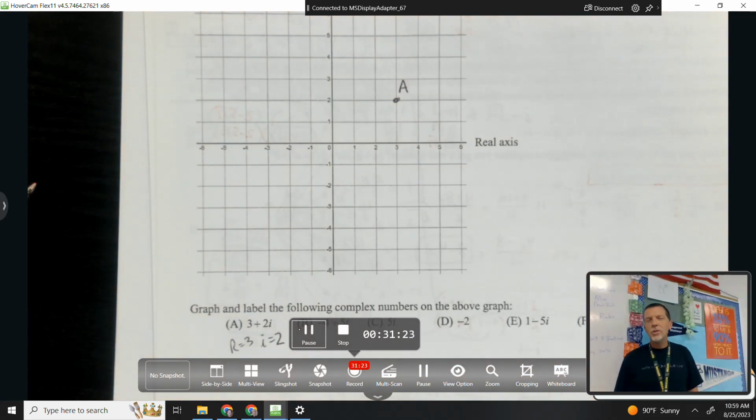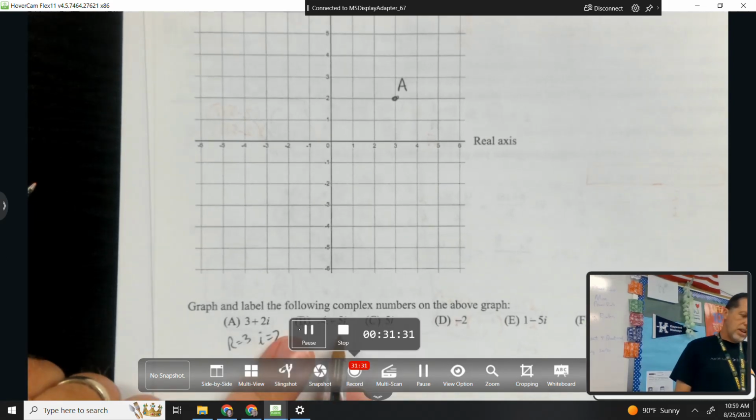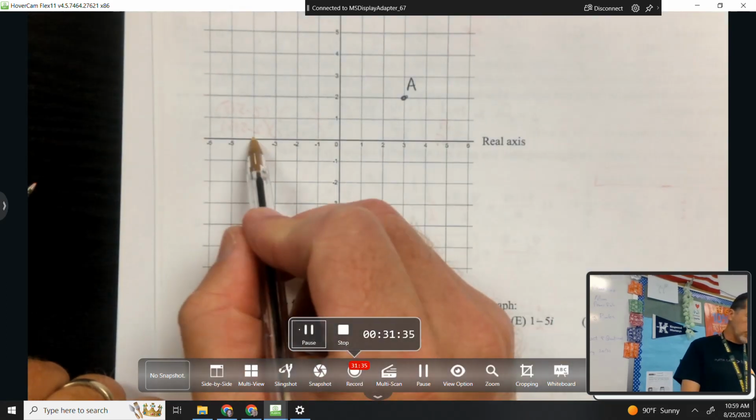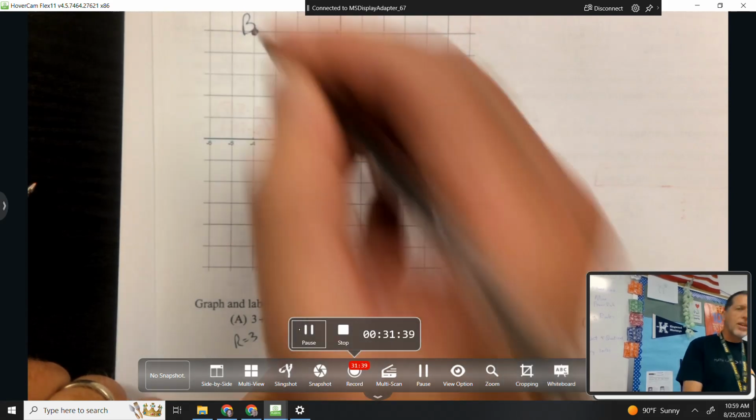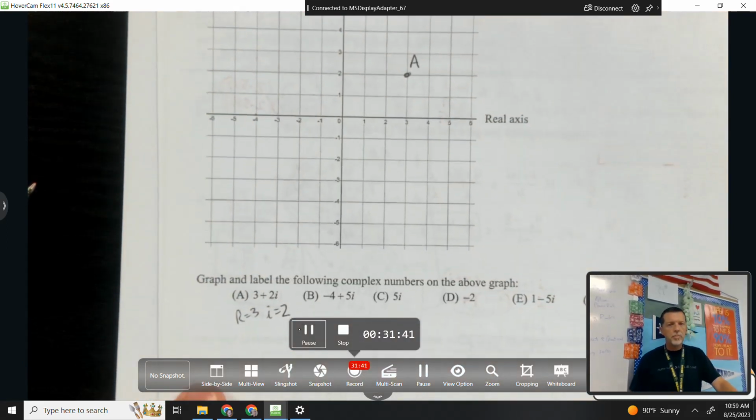So we make a big deal of saying it's not the xy plane, and people get confused because it works the same way as the xy plane. Negative 4 plus 5i. So negative 4 on the real axis, plus 5 on the imaginary axis. There's point B. What about point C? 5i.